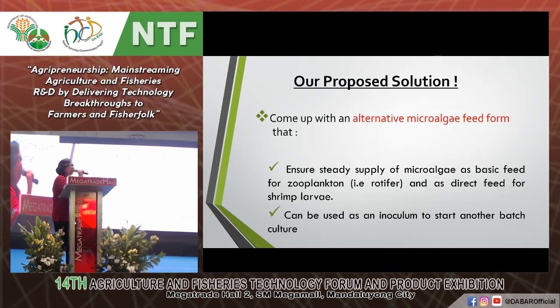So our proposed solution to come up with an alternative microalgal feed form that, one, can ensure a steady supply of microalgae as basic feed for the zooplankton like the rotifer or moina for the freshwater, and as direct feed for shrimp larvae. And another, something that can be used as an inoculum to start another batch culture for microalgae.